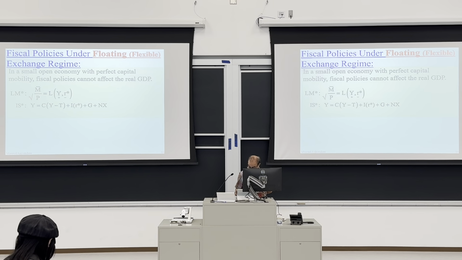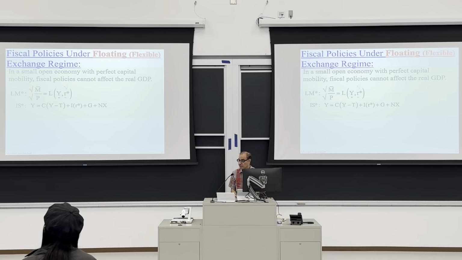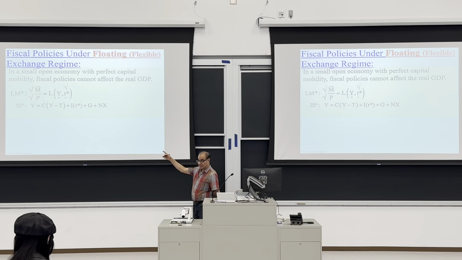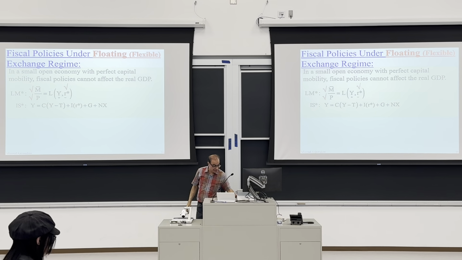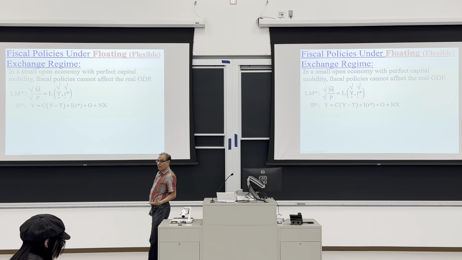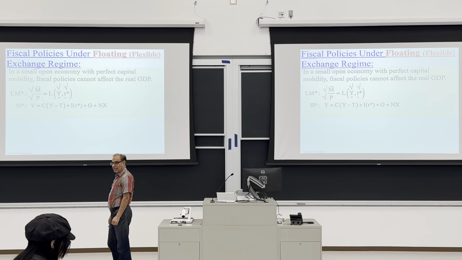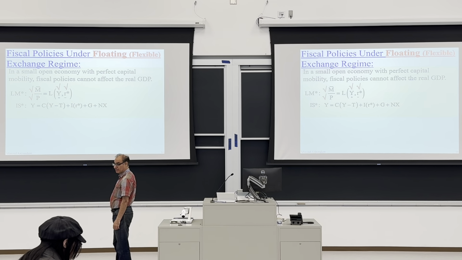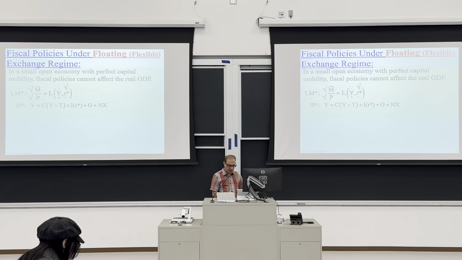Suppose the central bank doesn't do anything. M is fixed. Interest rate is fixed. So as you can see, what is variable over there? So it means income and output cannot be different. Output is fixed, income is fixed.